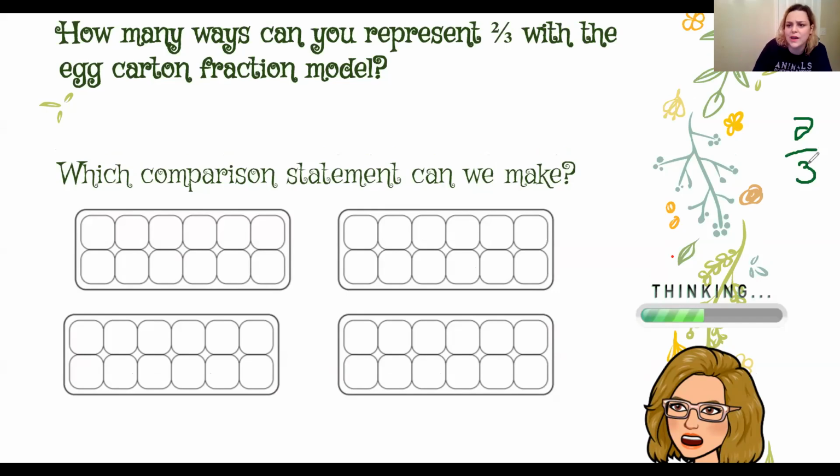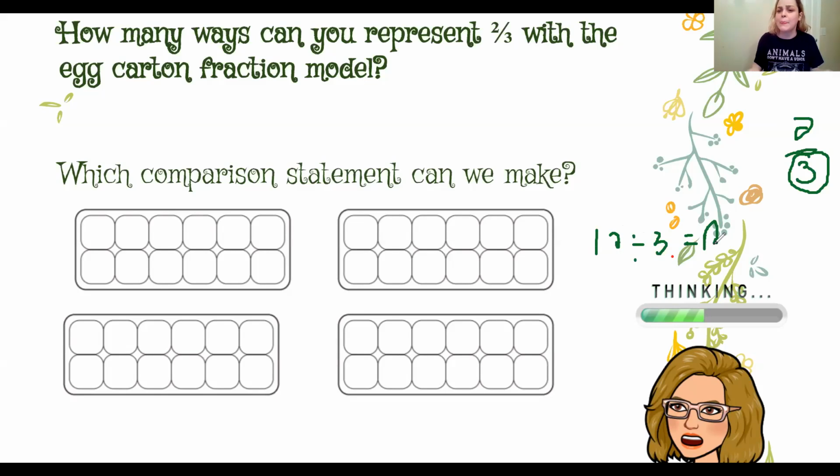And I know that I need to partition into 3 parts to really represent 2/3. So I have to divide these 12 eggs into 3 total parts, because that's my denominator. So 12 divided by 3, and if I don't know what 12 divided by 3 is, I can use my connection between division and multiplication.